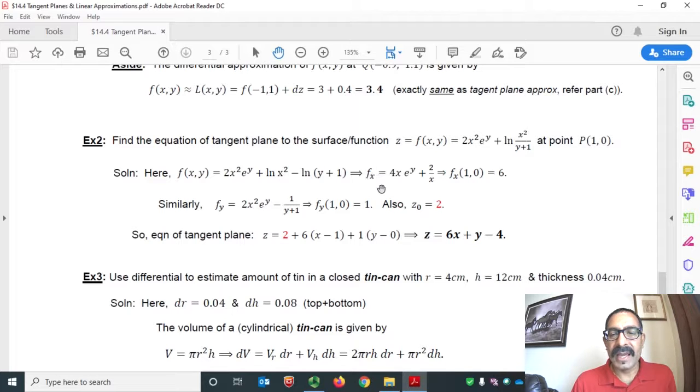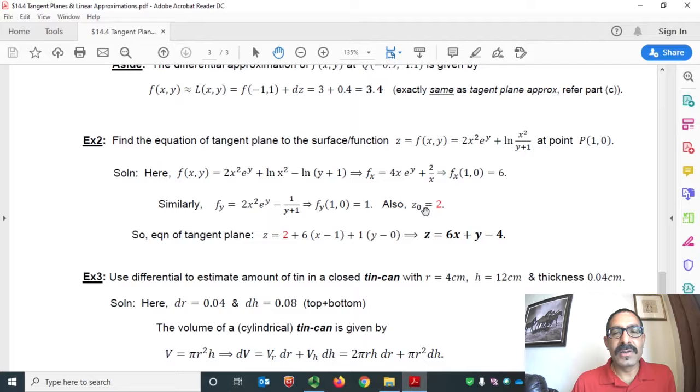Evaluating fx at point P turns out to be 6. Similarly, find the partial derivative of f with respect to y. Take x terms constant, so fy equals 2x squared e to the y, minus 1 over y plus 1. The value of fy at point P turns out to be 1.